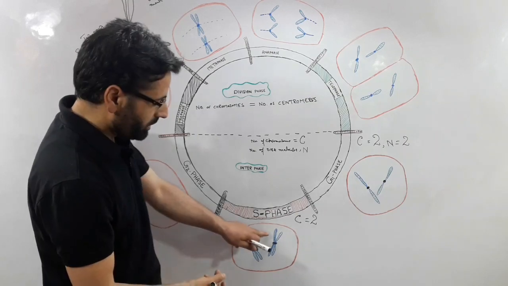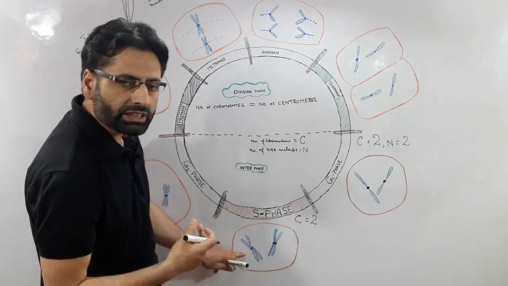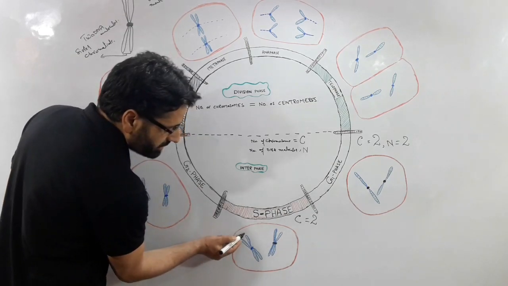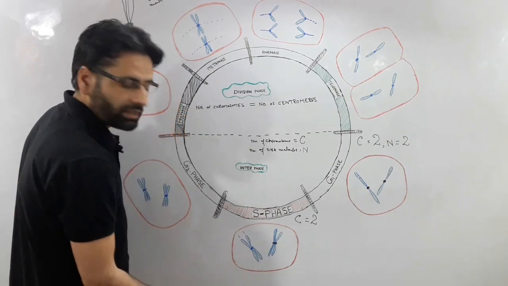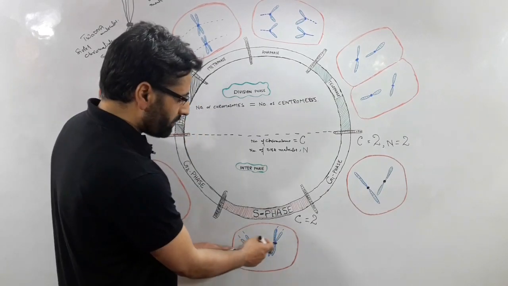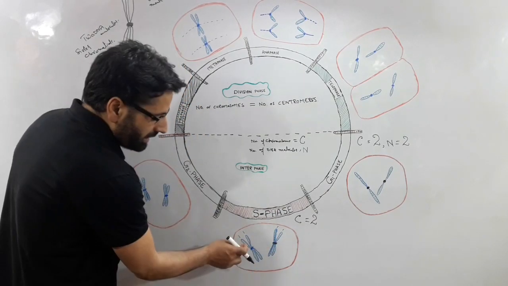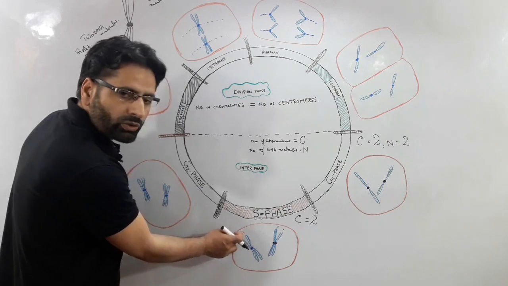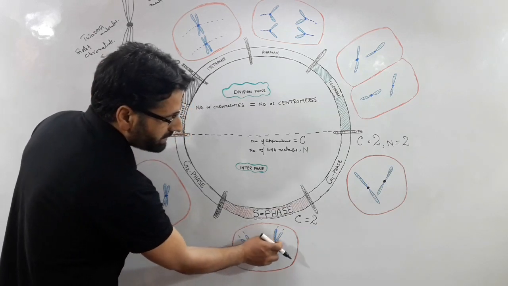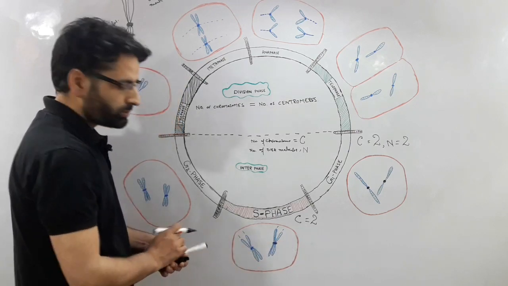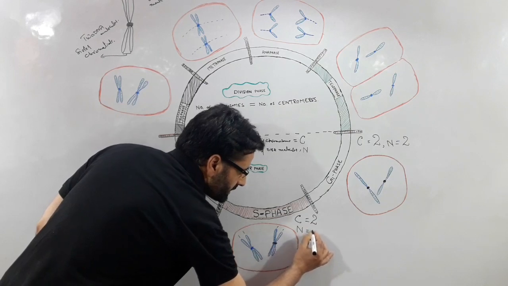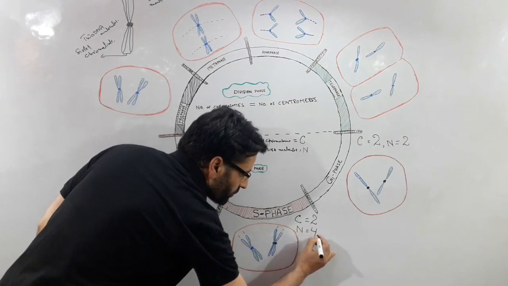We have 2 chromatids here and 2 chromatids here, so the total number of chromatids is 4. There are 2 DNA molecules on this chromosome and 2 on the other, so the total number of DNA molecules in this cell is 4.